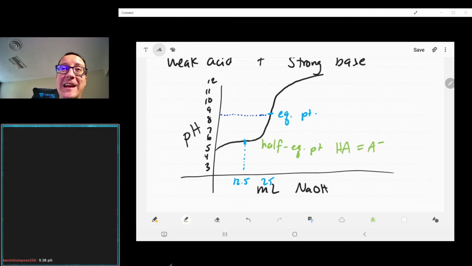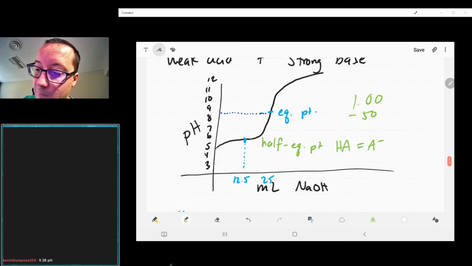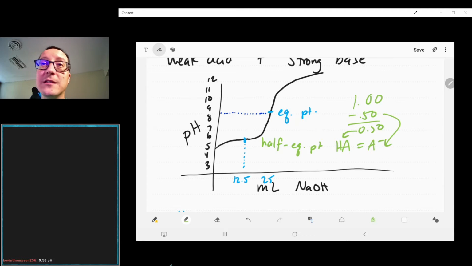If we've reacted half of our acid, that means now we have the concentration of acid and its conjugate base are equal. If we had 1 mole of acid, we react half of it. We now have half of the acid left, and this now is the base. So we have reacted half of it.